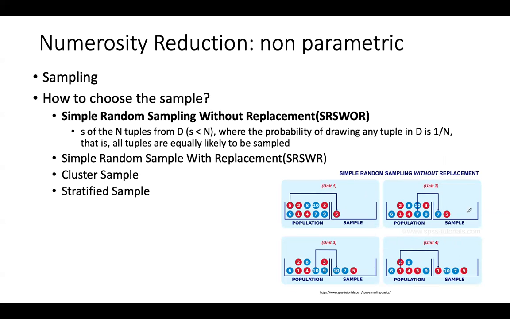Let's say we wanted to just randomly sample 4 data points. So what remains in our basket? That'll be 10 minus 4. And that's simple random sampling without replacement. Again here, each data point has an equal chance to be sampled. Simple as that.